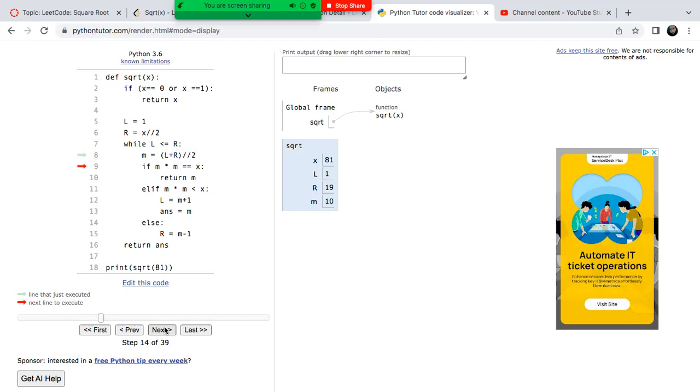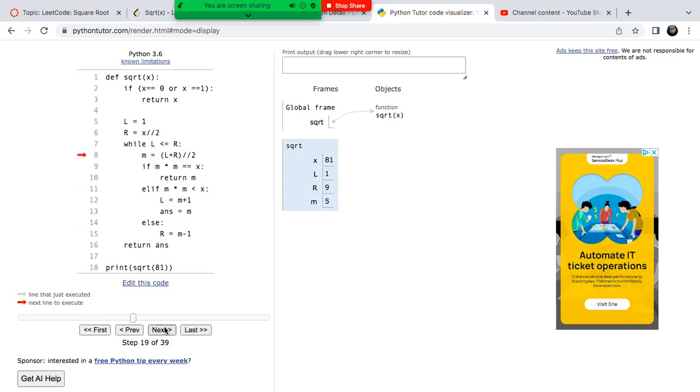We get the midpoint of the next interval on the left-hand side, and check if the midpoint times the midpoint is equal to our input integer, and it's not. So we check whether it's on the left or right-hand side, and it's on the left-hand side, so we set r equals m minus 1.